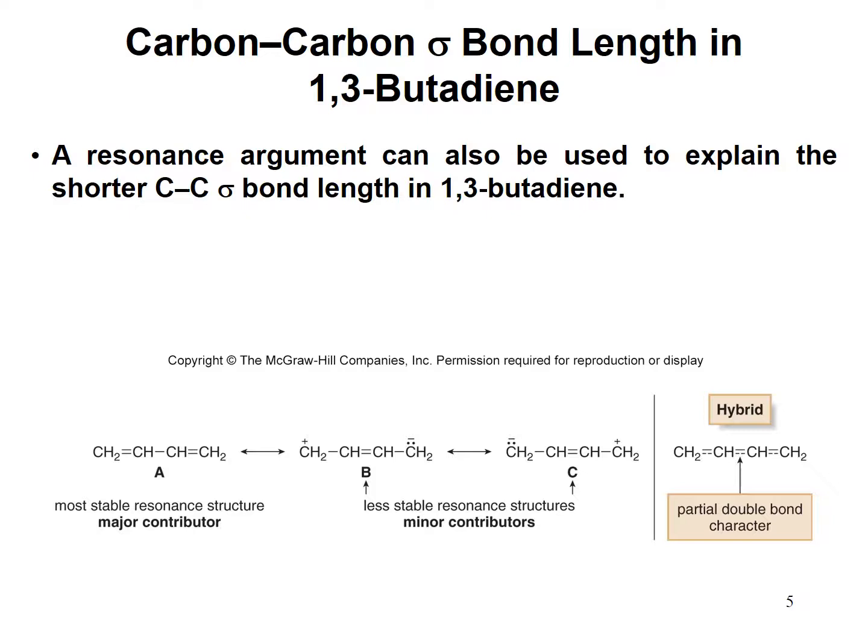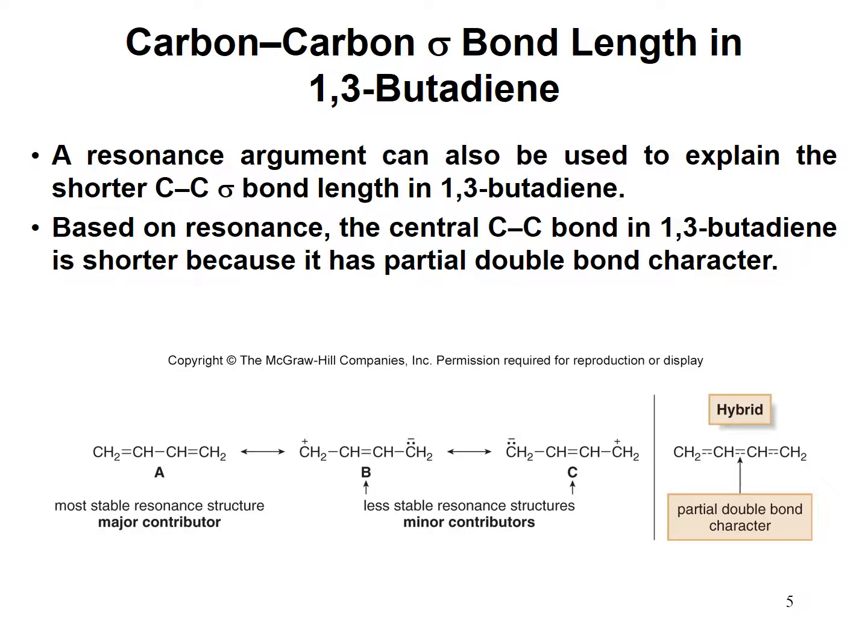If we take a look at the resonance structures B and C, we'll see that in both those cases there is a double bond between carbons 2 and 3, where we had a sigma bond in the first structure A. Because there's that double bond in B and C between carbons 2 and 3, that's going to pull those two atoms closer together, which is going to result in a shorter sigma bond for carbons 2 and 3.